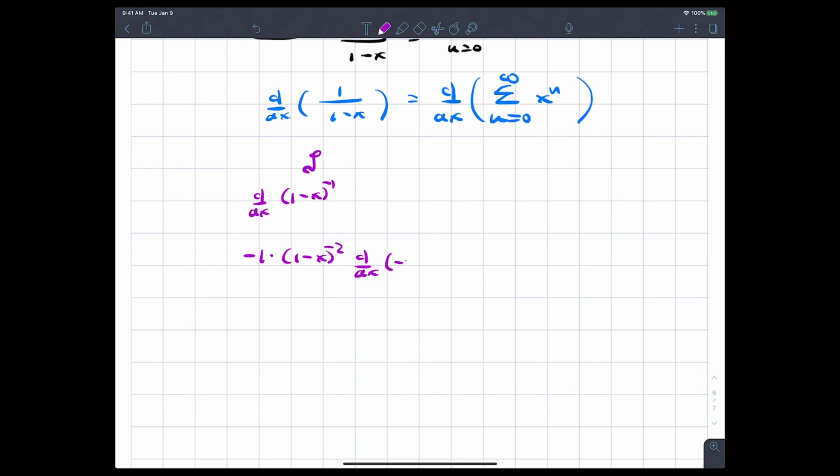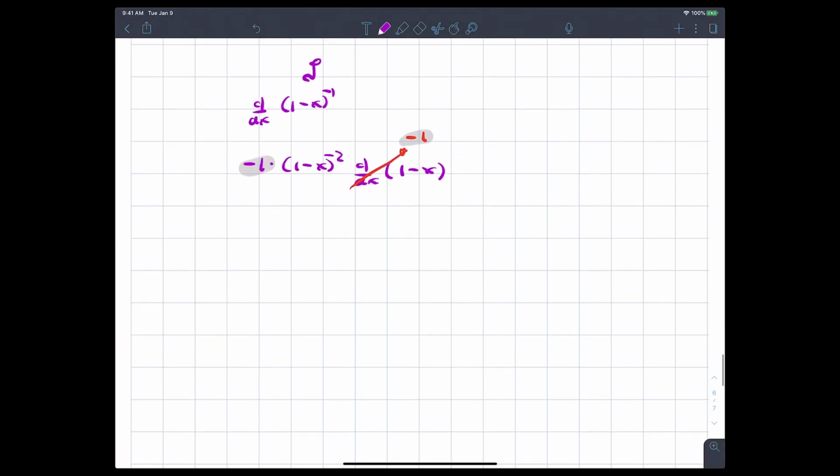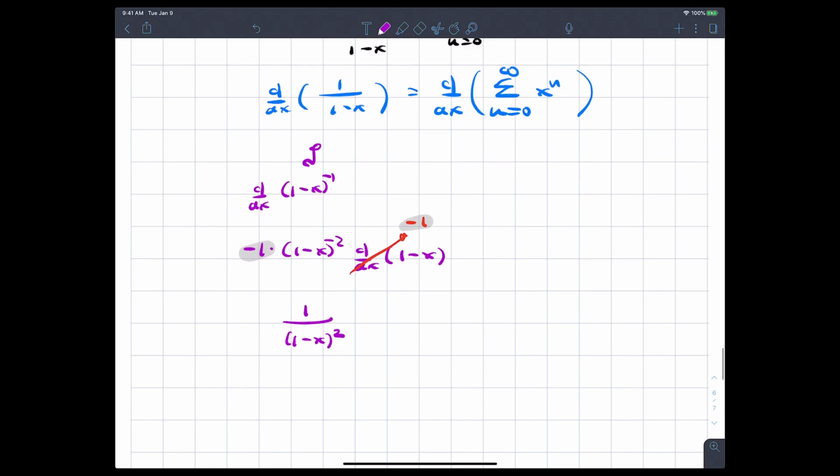By the chain rule, I have to differentiate 1 minus x, and I get negative 1, so that these constants cancel. And what you end up with now is 1 over (1 minus x) squared. So that's the derivative of the left side.